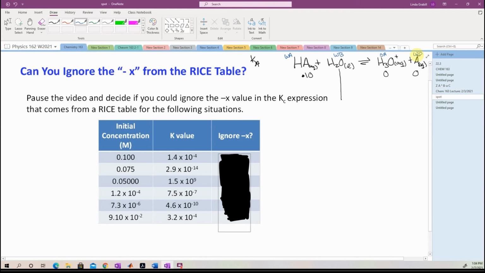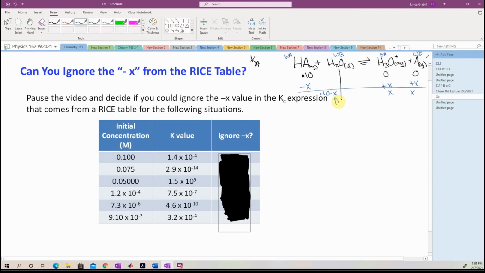On this side I have my strong acid and my conjugate base. So this is going to be a weak base. Cool. Then we go through and say, okay, minus x here, and then plus x, and plus x. In the end we'd have this expression that was just x squared over 0.10 minus x. So the quantity that we're asking if we can ignore is this quantity.